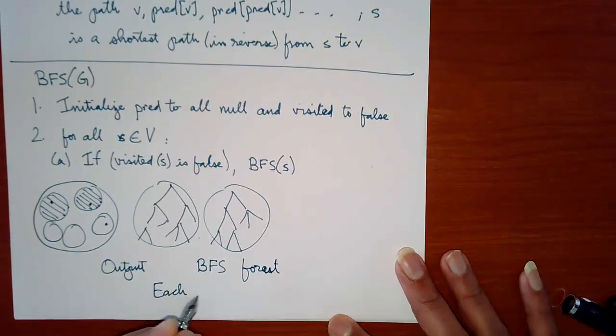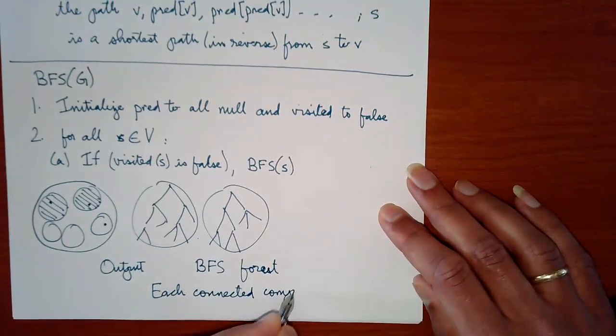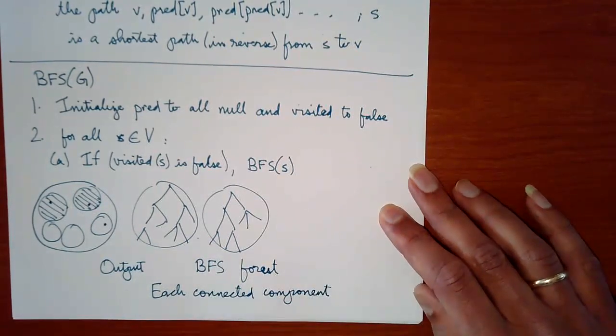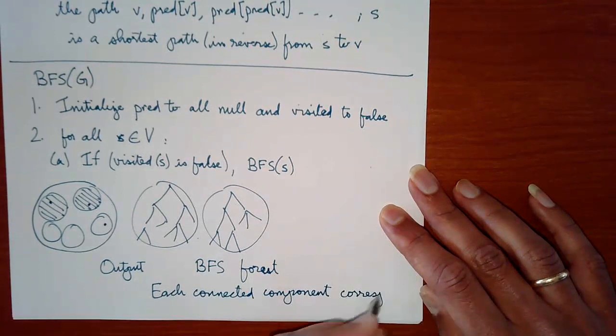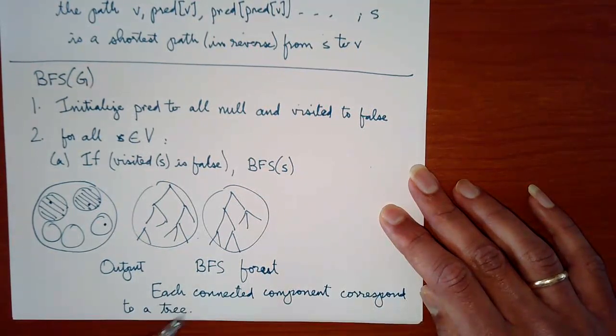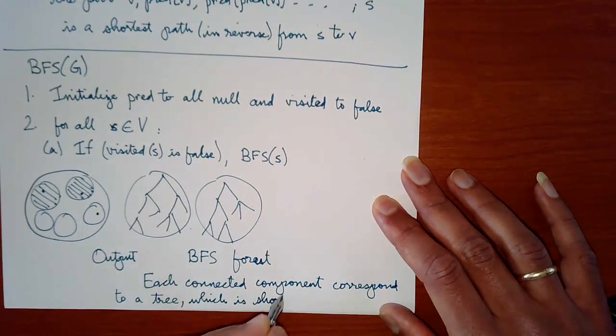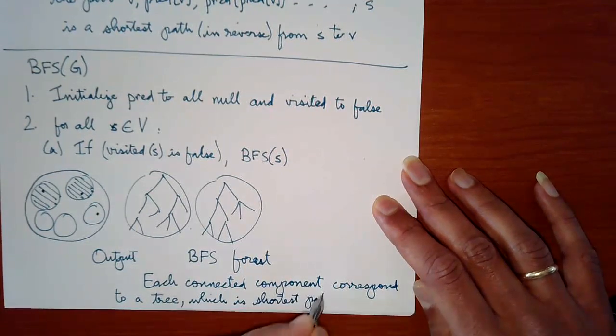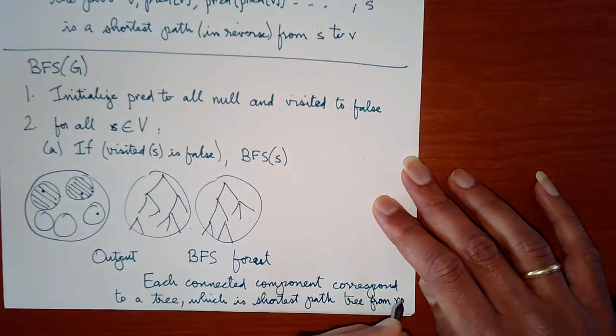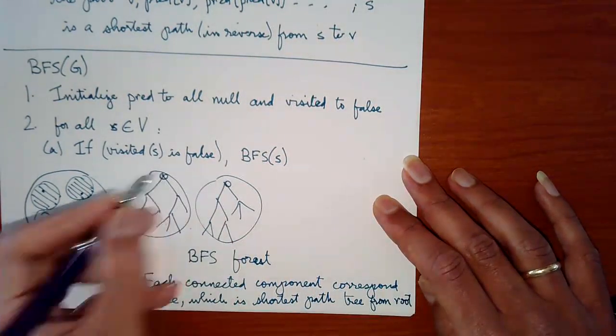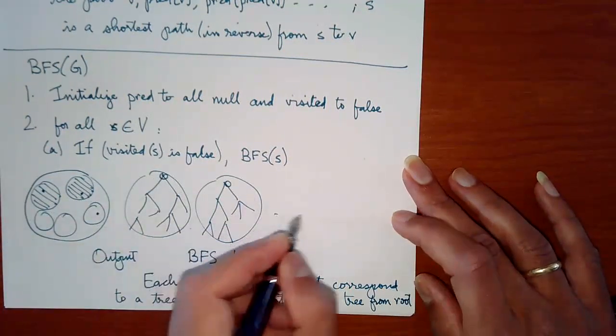Each connected component corresponds to a tree, which is a shortest path tree from the root. Each of these is a shortest path tree from that root, and so on and so forth.